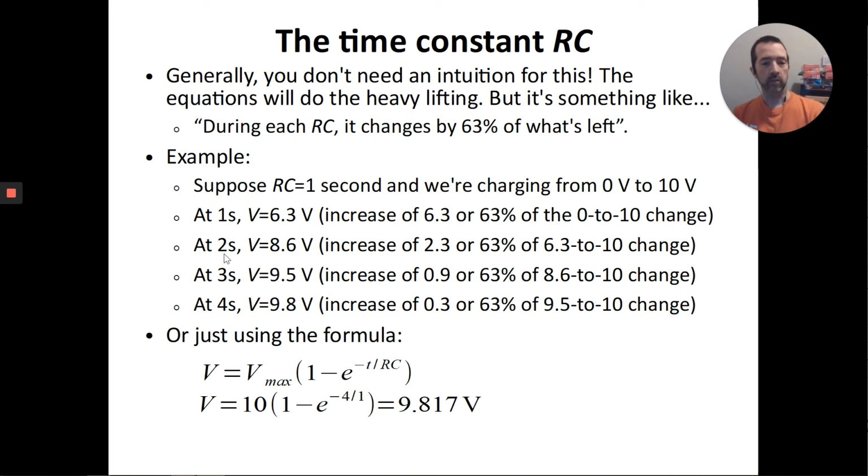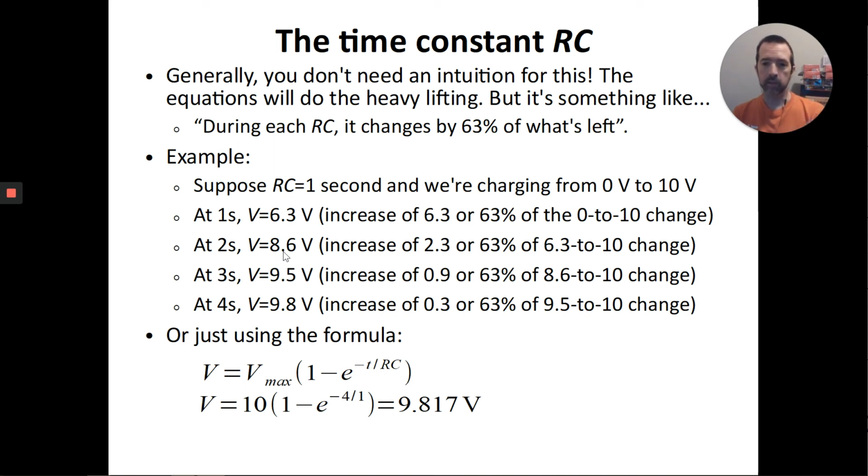At 2 seconds, during this next interval of 1 RC, I need to increase by 63% of whatever is left. What's left is 6.3 to 10. 63% of that is 2.3. So I have an increase of 2.3. That gets me to 8.6.